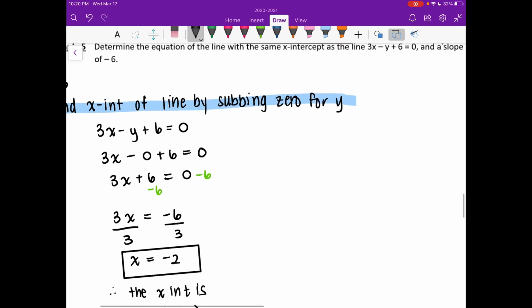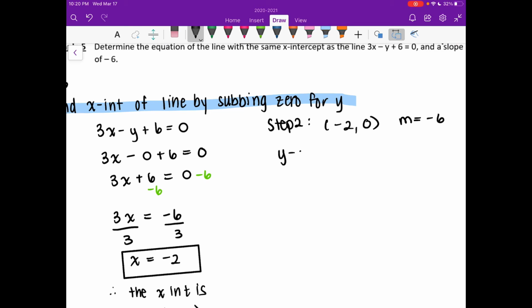So for the purposes of this one, I'll use the slope-point form just to walk everybody through how to do it again. I have a point on the graph, which is (-2, 0). I have my slope, which is -6, because that was given to me.